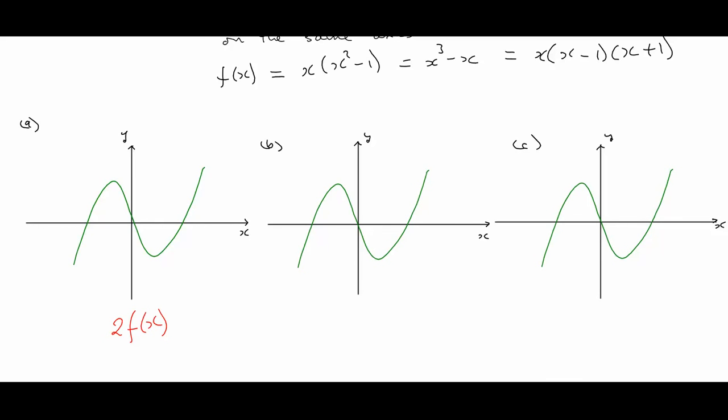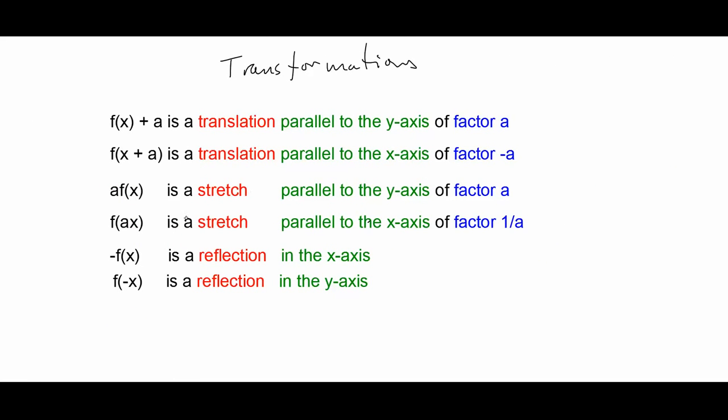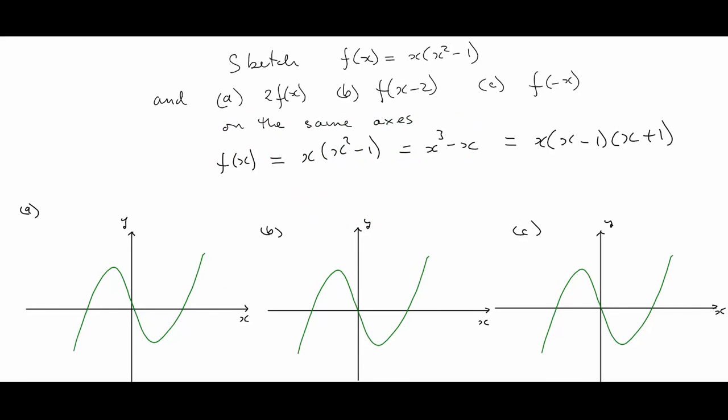Now first of all we want to sketch 2f of x. Now what transformation is this? Well, going back to the list, 2f of x we see is a multiple of f of x, a stretch parallel to the y-axis of factor 2. A stretch parallel to the y-axis leaves the points on the x-axis alone, they won't change, and the rest would stretch up, so the maximum or minimum would be twice as far.